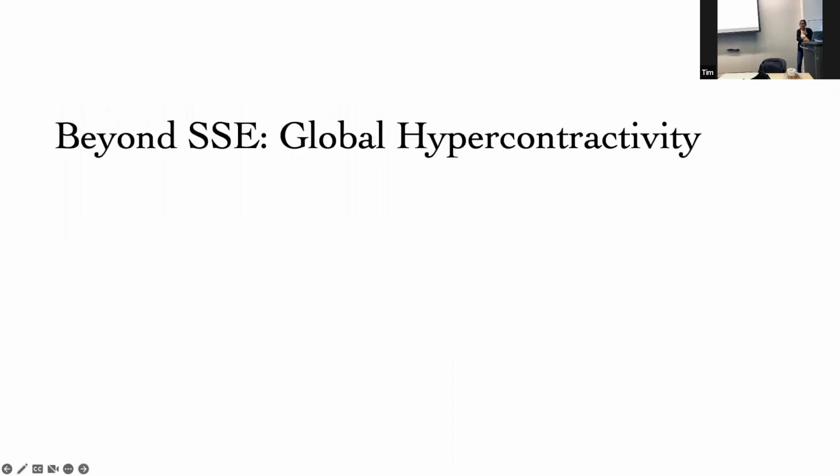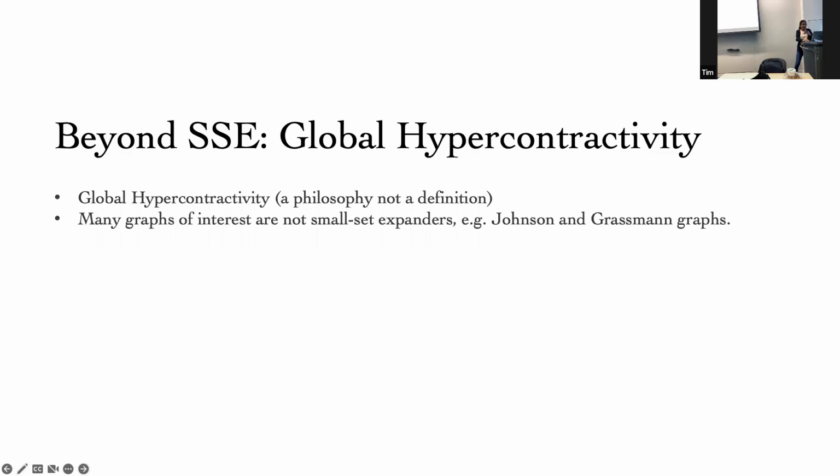Okay, so what if your graph is not an expander or a small set expander? Can we say something about the non-expanding sets, that maybe these are the only non-expanding sets? So this is not a definition, but a recent notion that has become important, called global hypercontractivity.